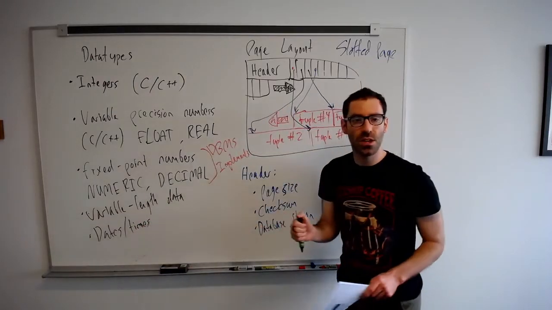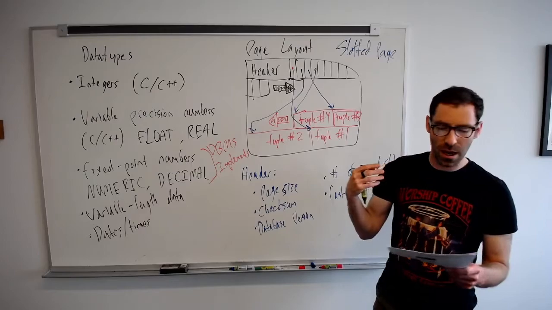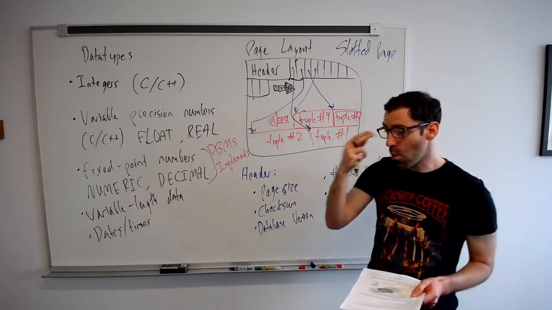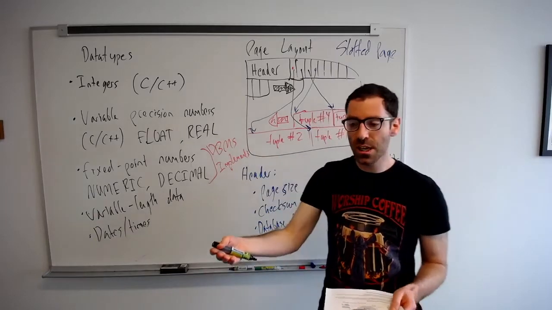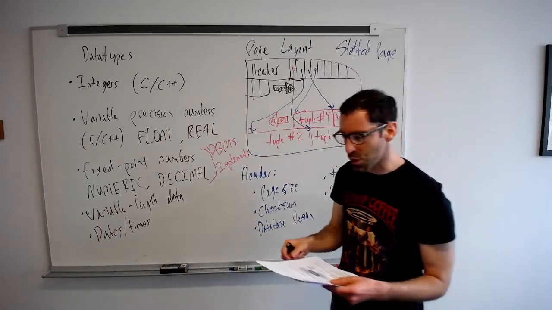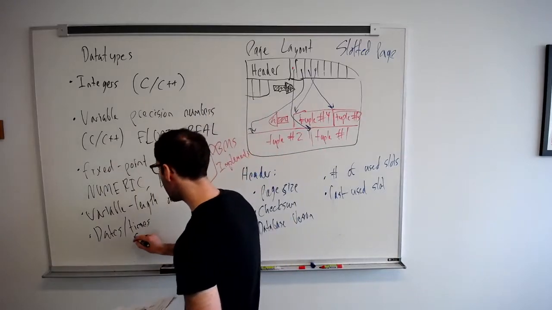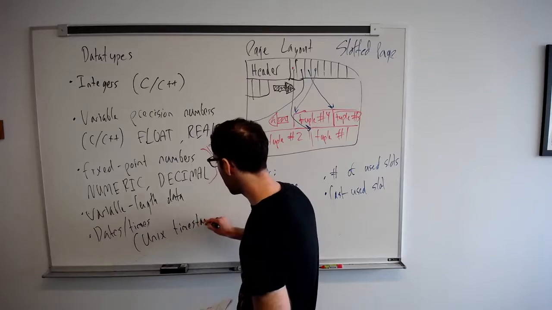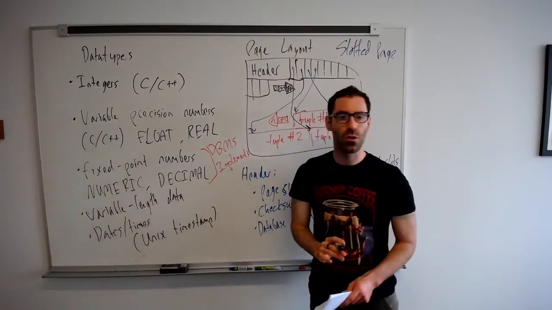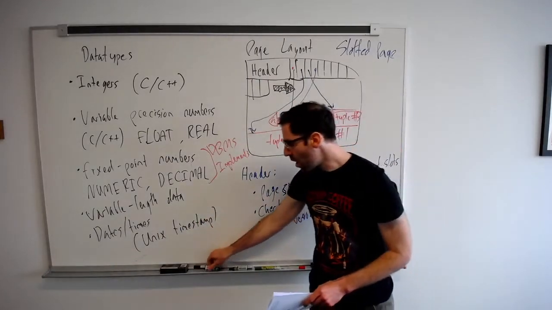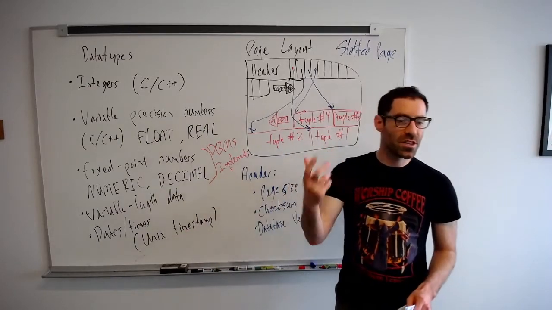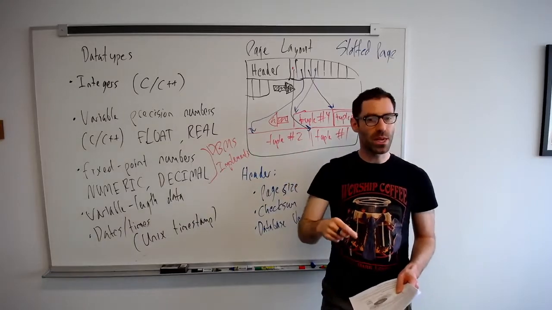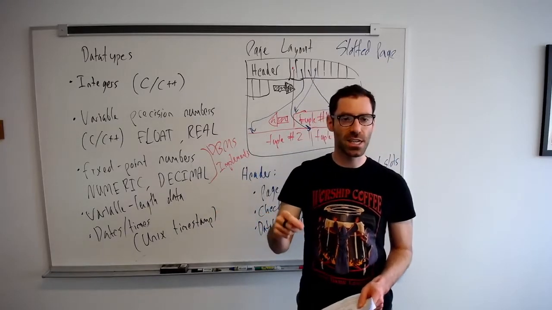And lastly, very common that we would have dates and times in our database, and these could be like a timestamp of when a user last logged in, or the date some transaction took place. And underneath, these are typically stored as what's called Unix timestamps, which are the number of seconds or milliseconds since the Unix epoch began, which is January 1st, 1970.